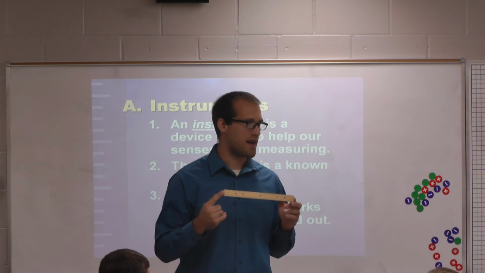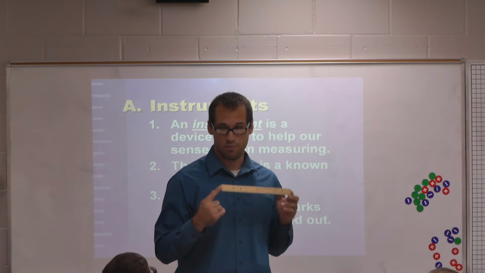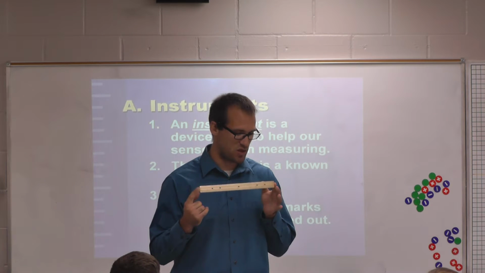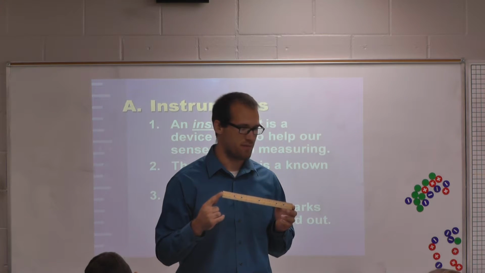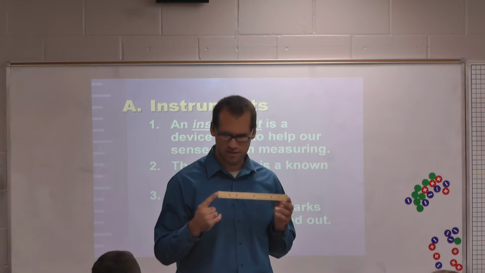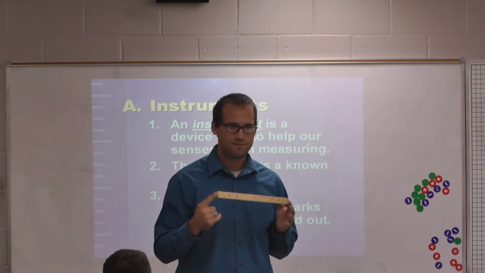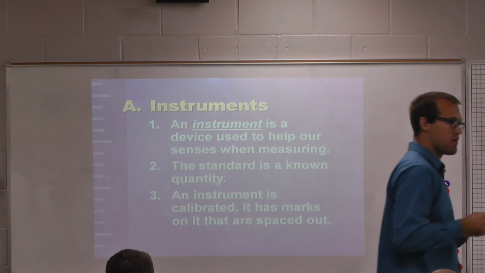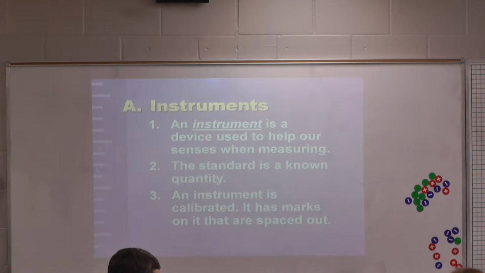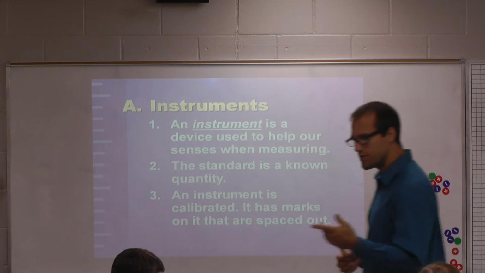It breaks a foot down into more precise measurements so that if I don't land right on a foot, like if I'm short of a foot, I can make sense of that. That's what calibrated means. I break it up into smaller units so if I don't land perfectly on a foot, I know what that distance is.